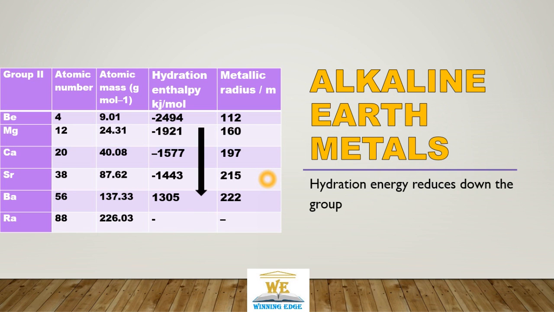So you see hydration enthalpy reduces as we go down the group, and the metallic radii also increase down the group. The same charge to radius ratio is the reason for the reduction in hydration enthalpy of group 2 metals.